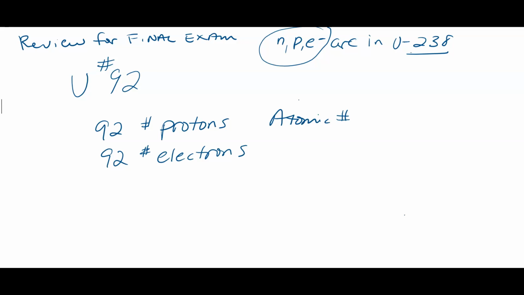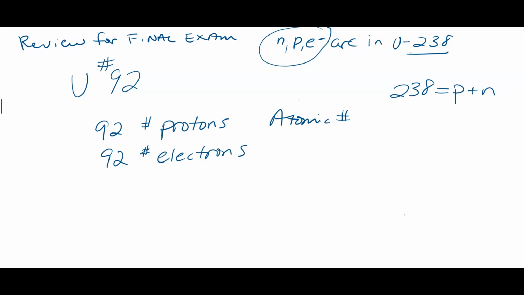They're balanced. Okay. So lastly, we have protons, electrons, but we also want to know neutrons. So remember the mass of 238 is a combination of protons plus neutrons in the nucleus. It's the mass, because remember, electrons don't weigh very much.